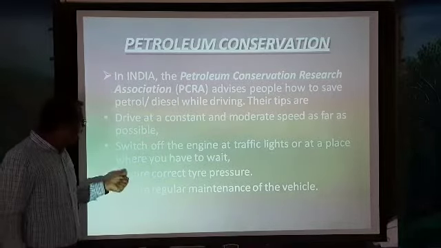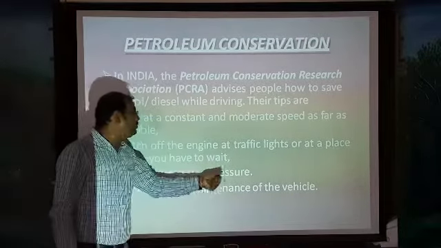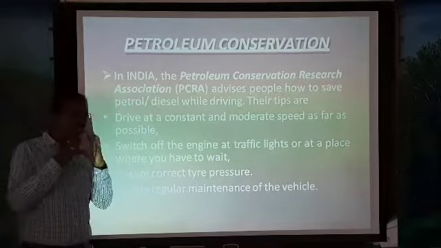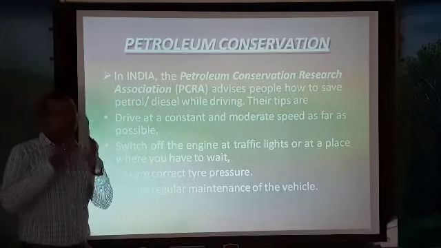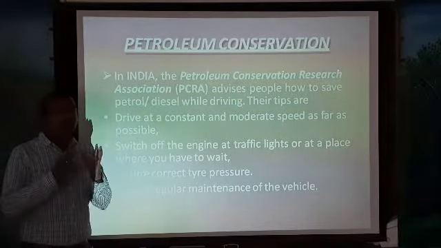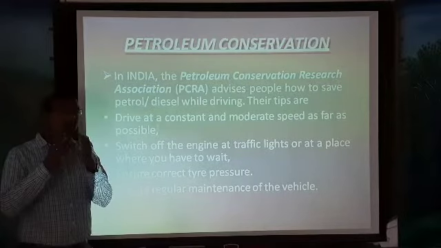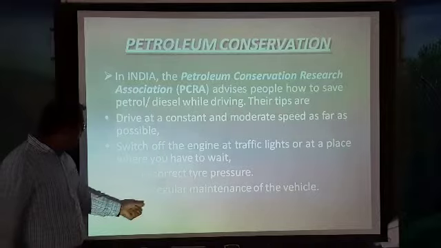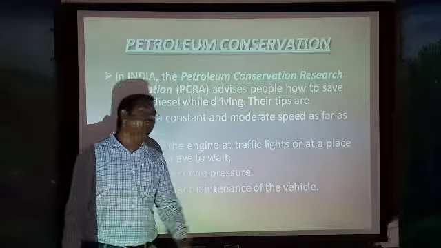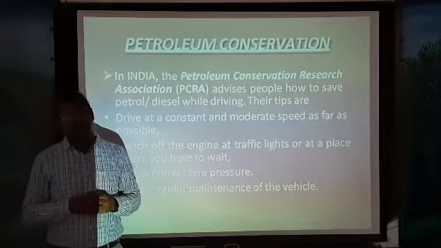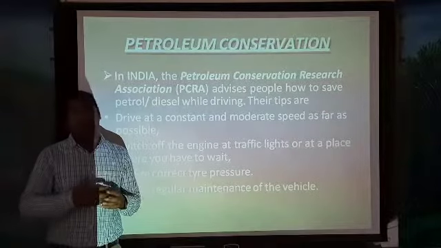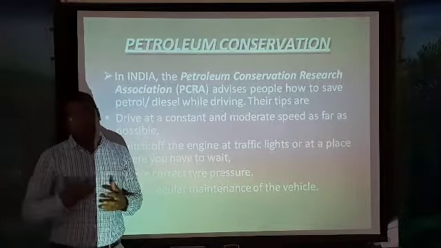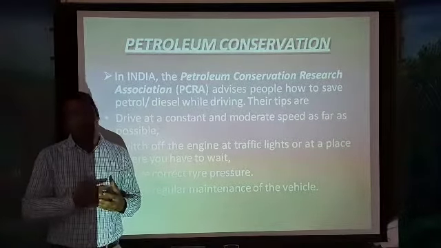The next one: ensure correct tire pressure. In your vehicles, you have to maintain the correct pressure in the tires. The next: ensure regular maintenance of your vehicles. You might have seen that many vehicles give out a lot of blackish smoke.